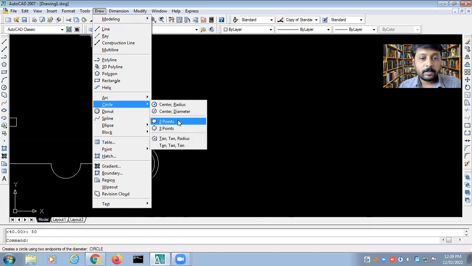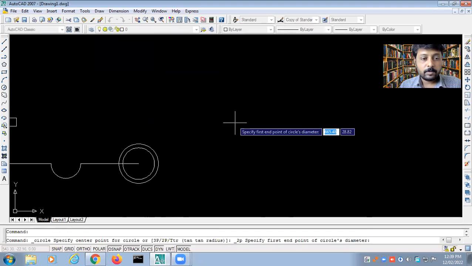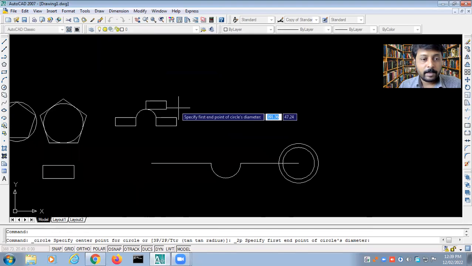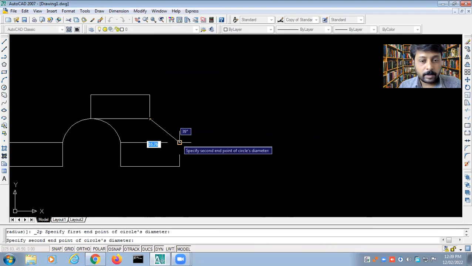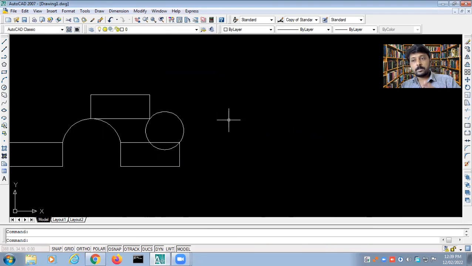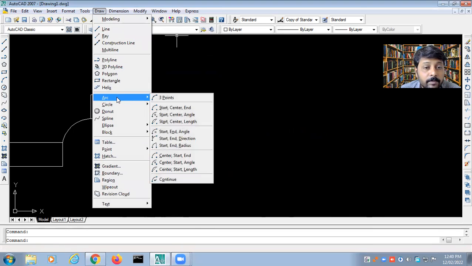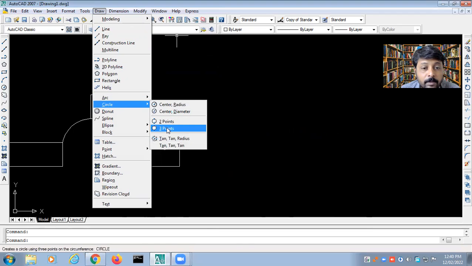Then go for next, 2-point circle. Okay, now say I have these 2 points, 1 and 2. I can draw a circle which is passing through these 2 points, 2-point circles. And then next we have 3-point.